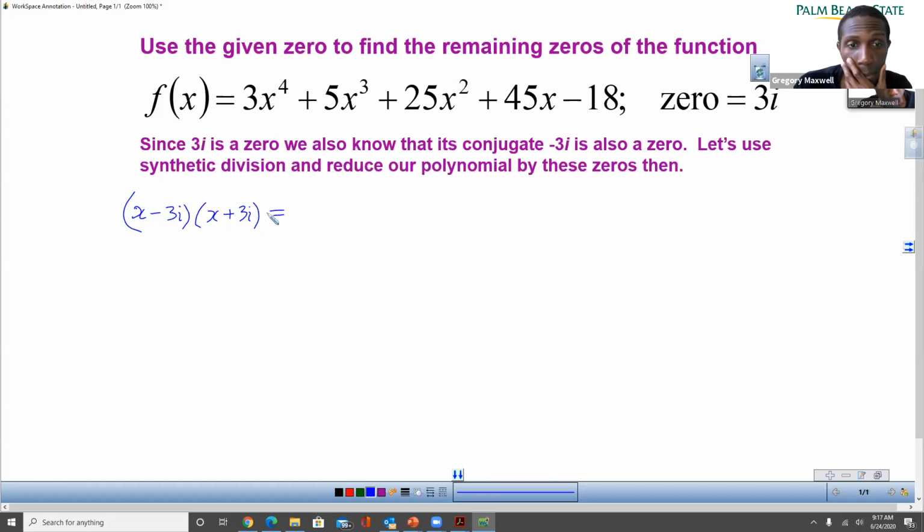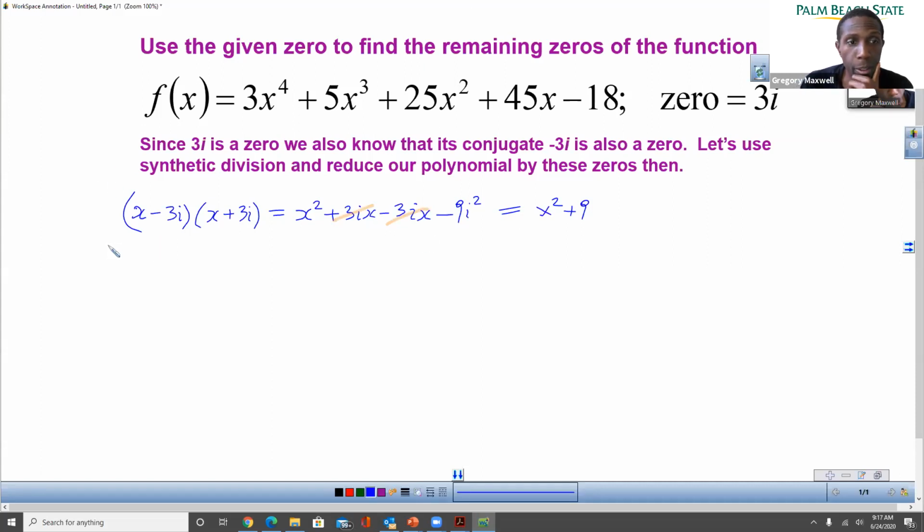So when I multiply them out, I get x squared plus 3ix minus 3ix minus 9i squared, which gives us x squared plus 9, because these cancel and i squared is negative 1.